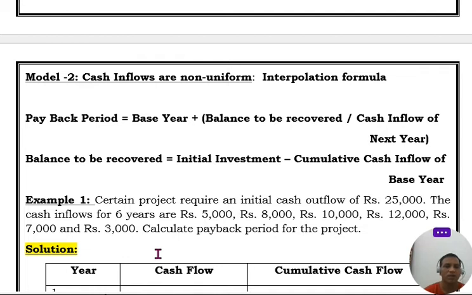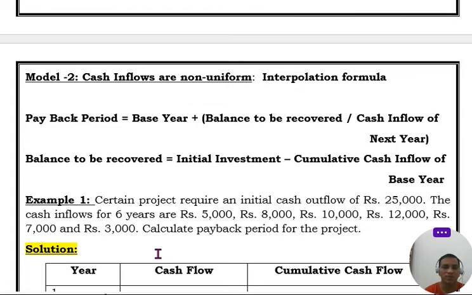What is that formula? Base year plus balance to be recovered divided by cash inflow of next year. What is this base year? What is this balance to be recovered? Everything we will see while solving a problem practically.